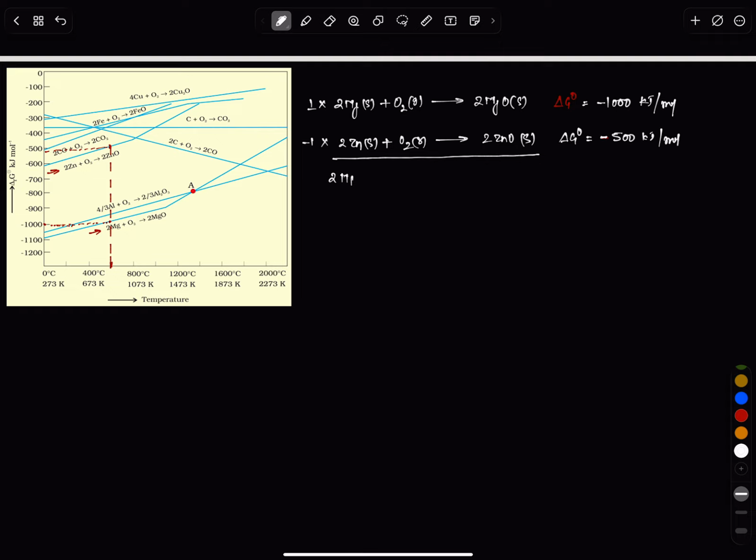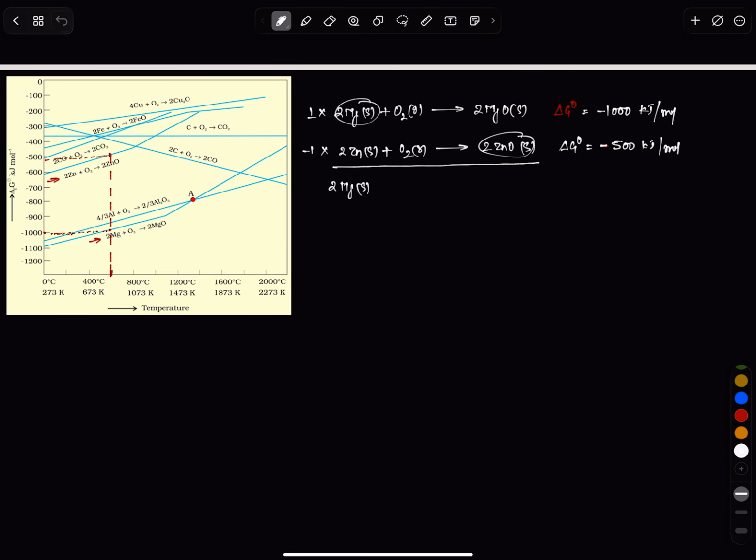It becomes 2 Mg solid plus 2 ZnO solid, giving 2 Zn solid and 2 MgO solid on the right-hand side.